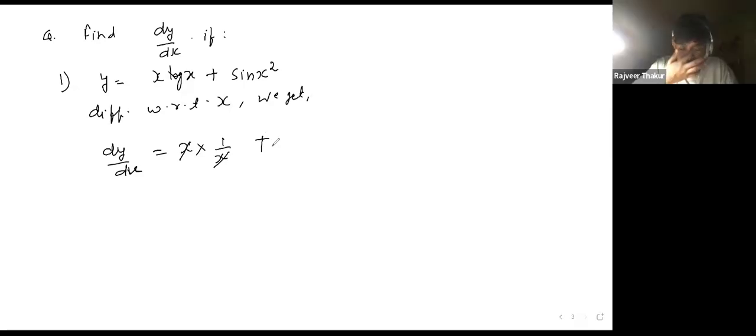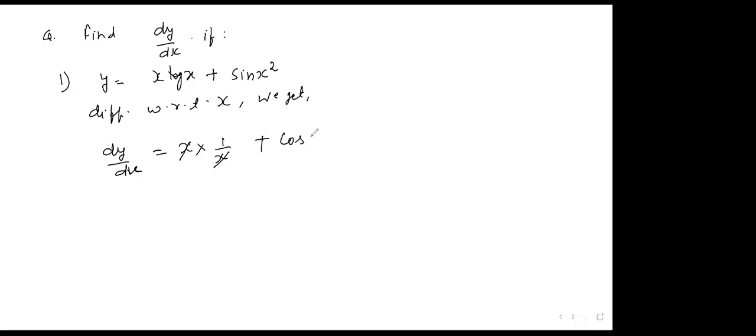In place of x, we have x square, so we multiply by the derivative of x square, which is 2x. So this will be 1 plus 2x cos x square. Okay, this will be the answer.